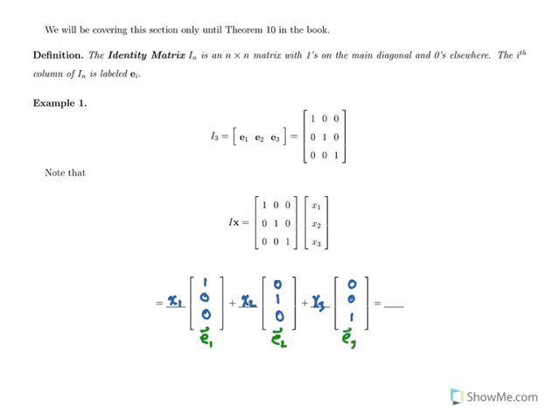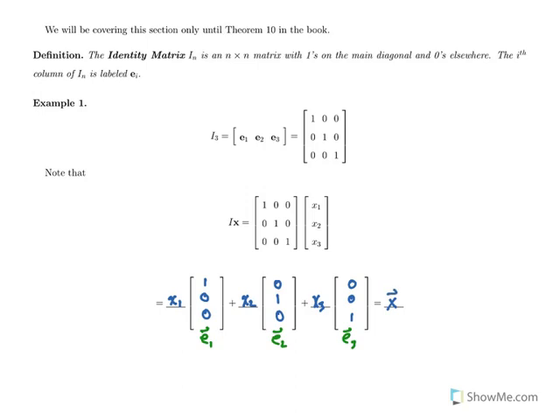And if we bring them all together, x1 times 1 plus x2 times 0 plus x3 times 0 will just be x1. And similarly for x2 and x3, in fact, we just get the vector x back.